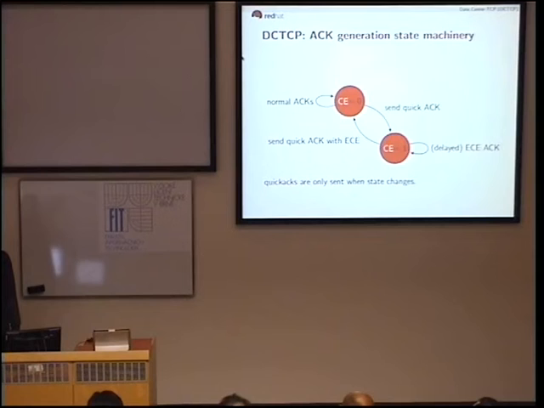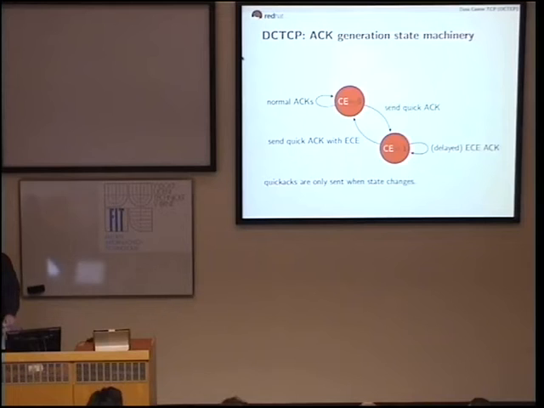And once we receive a packet that is no longer marked, the inverse happens. We will send out a quick ACK for all the data that we already received. We will sort of flush out this bit. So we will tell it, hey, all the information that we got from you, we've got it, but it was received with a congestion experience indicator.